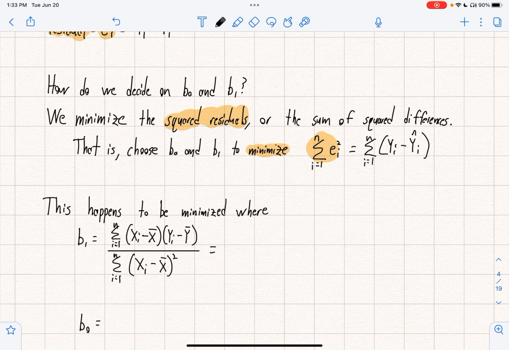We're going to call this a number of things. We might call this the sum of squares between x and y over the sum of squares of x. But what you will be more familiar with is the covariance between x and y divided by the variance in x. This is how we calculate our slope.